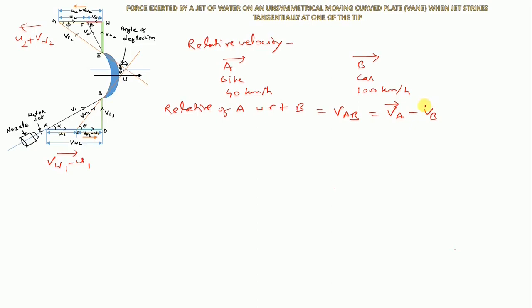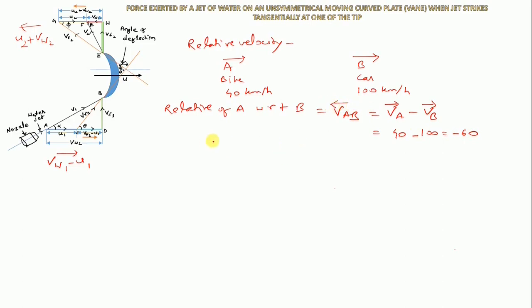This is a vector quantity, so we have to mention the direction. After calculation, we will know in which direction the relative velocity of A is observed by this body. In this case VA is 40 and VB is 100, so the value is minus 60. It is a negative term, so VAB will be in the opposite direction.